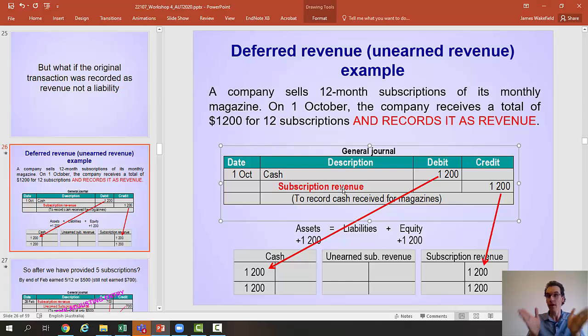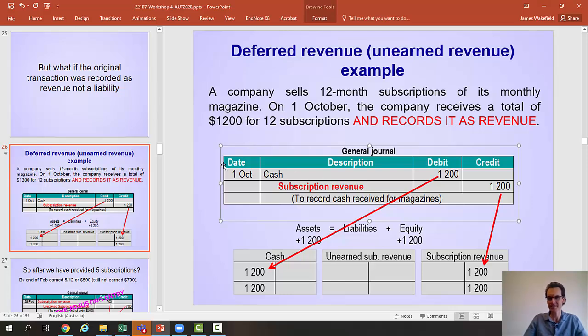And that's when all adjusting entries are recorded. Remember, they're recorded at the very last point, at the very end of the financial period, to essentially adjust all the records to reflect the financial performance and position of the organization.